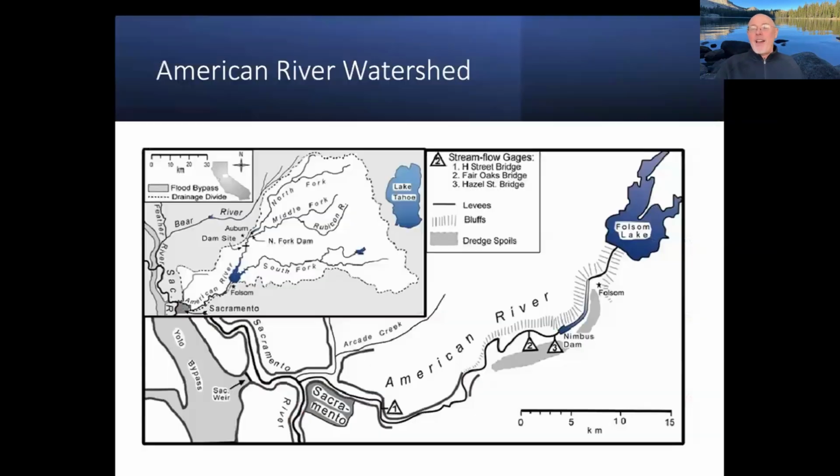I look at the river from my office, and the American River is part of the whole American River watershed, which is on the west side of the Sierra Nevada, west of Lake Tahoe, as you can see here. And that includes a whole watershed, and we're just downriver from Folsom Lake.